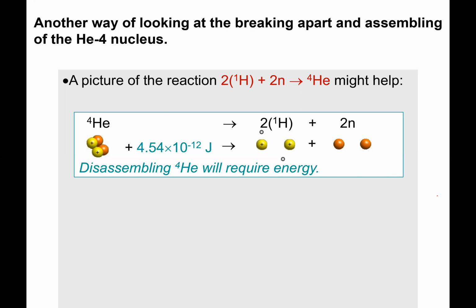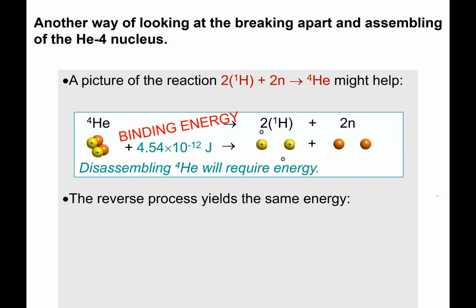That's just the amount we got in mega electron volts converted to joules. So to take a helium-4 nucleus apart into its 2 protons and 2 neutrons, you have to give energy to that nucleus, which is why it remains stable for long stretches. That's the binding energy, the energy that keeps it bound together.